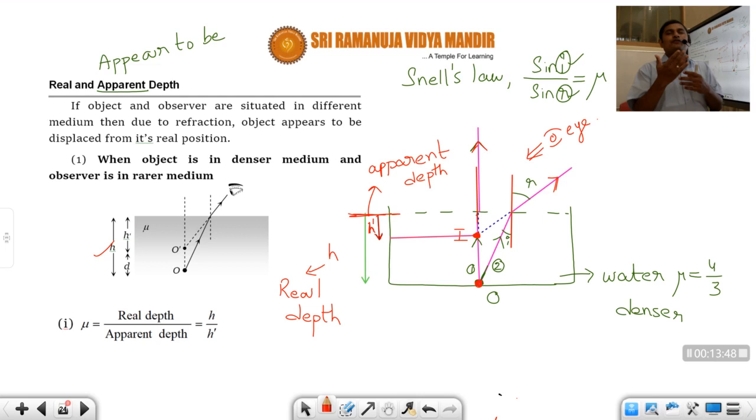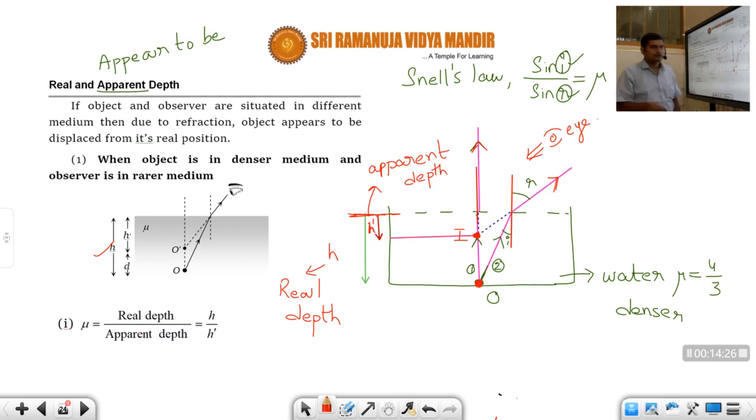Now if you go backside of the mirror 5 centimeters and put your hand, will you get the image? No. It's a virtual image. It appears like that. This world is a virtual world. It is not real. Are you understanding students? So same way here also it appears like that. It is not real. The object is not there at the image point. Suppose you drop a coin, it is there at the bottom of the tank, correct or not students? But you will see it here, at h dash.